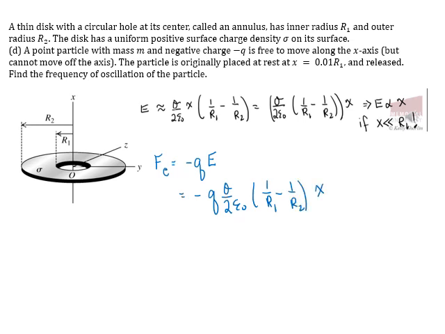If we look at this, we see that all this stuff right here is constant. Our force has a negative sign in front of the equation, and it has a dependence on x. Hopefully this is a little bit reminiscent of Hooke's law that said a spring force was minus k times x. Let's just take a moment to remember what that means.